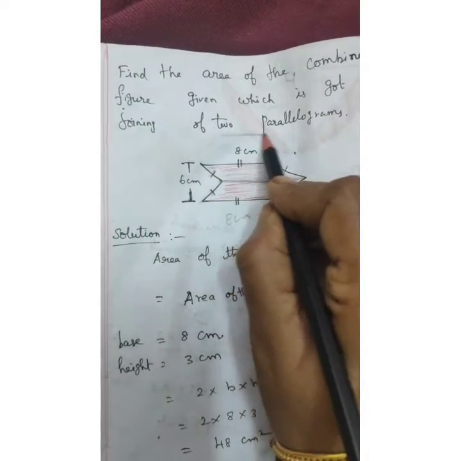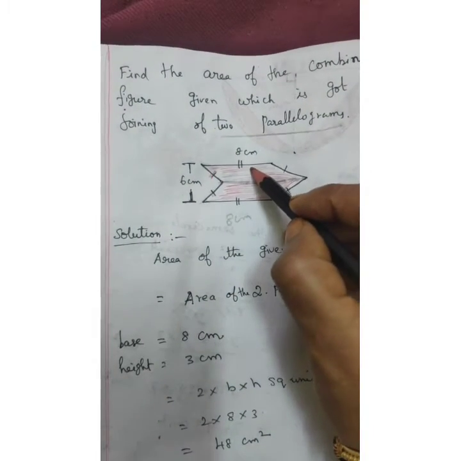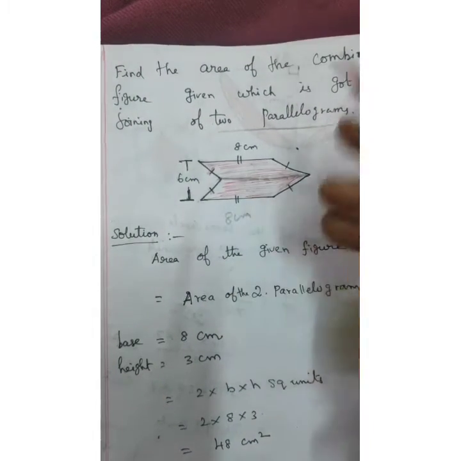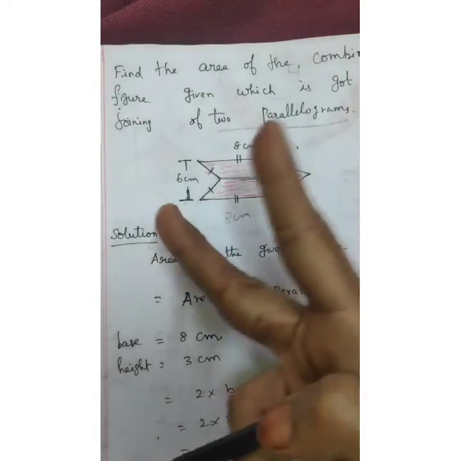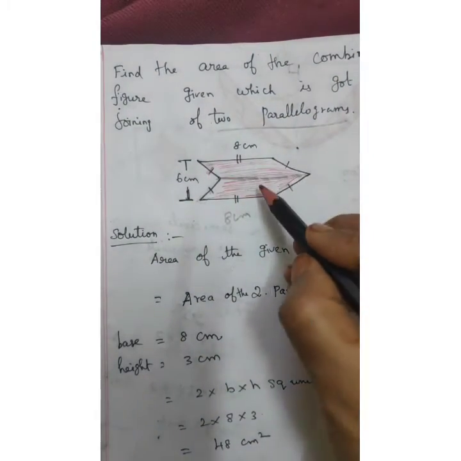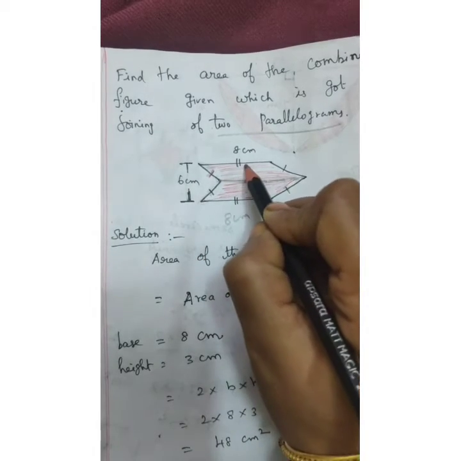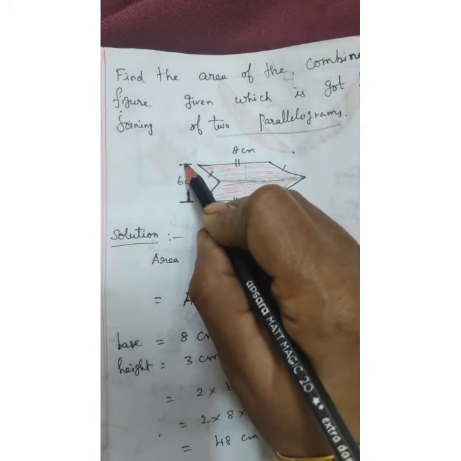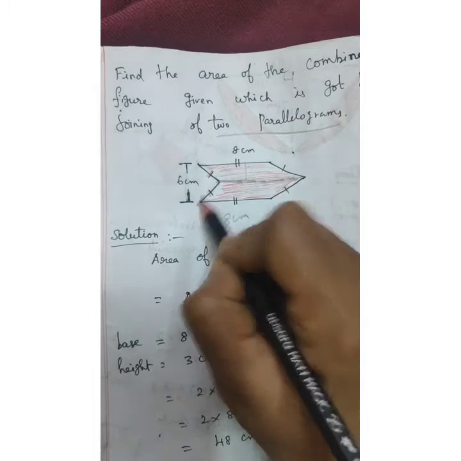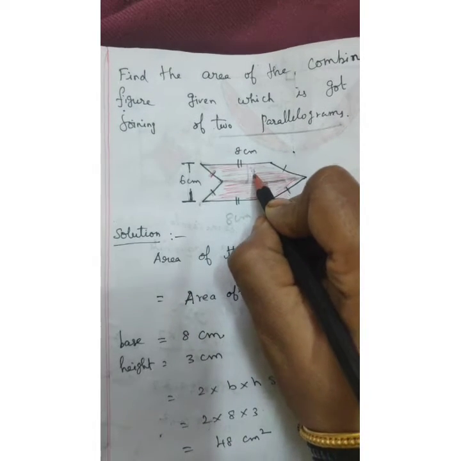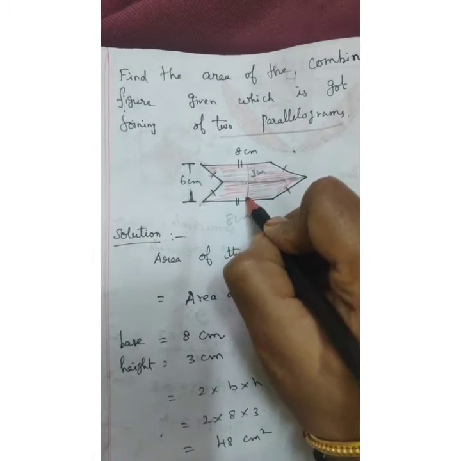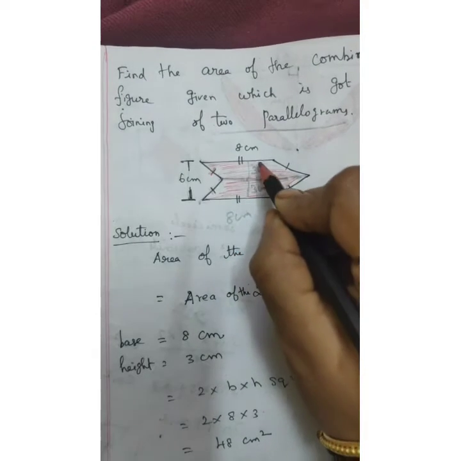Question is also written with two parallelograms. This is one parallelogram, this is one parallelogram. Total number of parallelograms is two. The full height is 6 centimeter. So what is this height? Here 6 is the full height, so here 3 centimeter and here 3 centimeter.